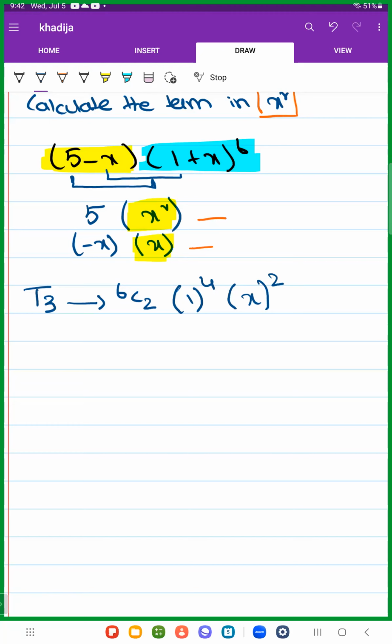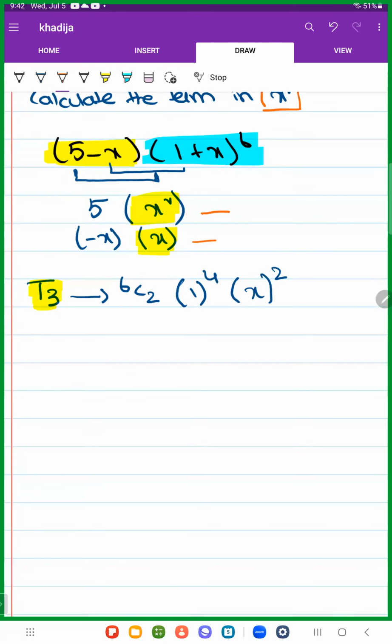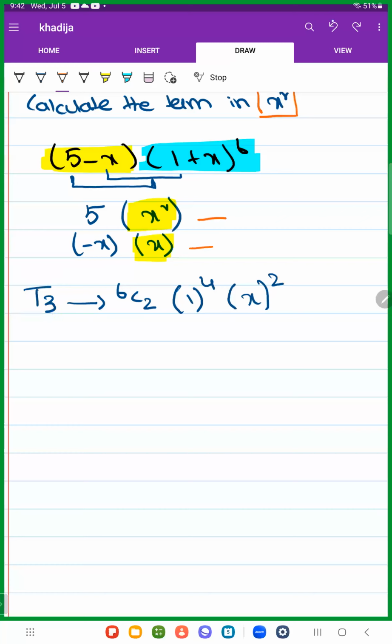My r is 2 because when I do t3, my r is always 1 less than the term. So when you calculate this, this is a linear expression, which is why we do not need to use the term formula, because we already know r. However, if it wasn't a linear expression, we would have needed the term formula to find r.